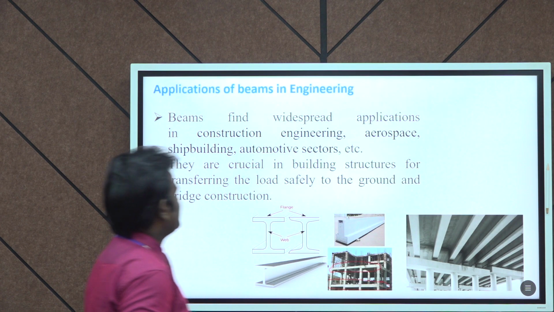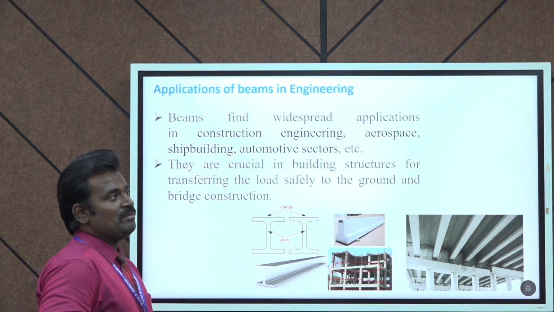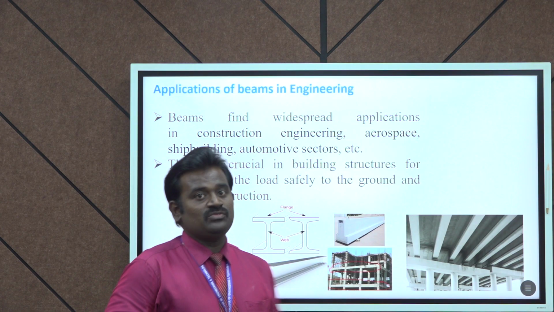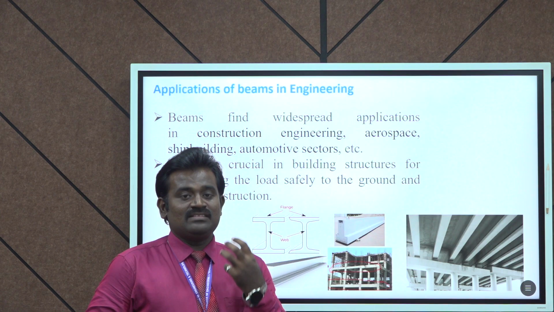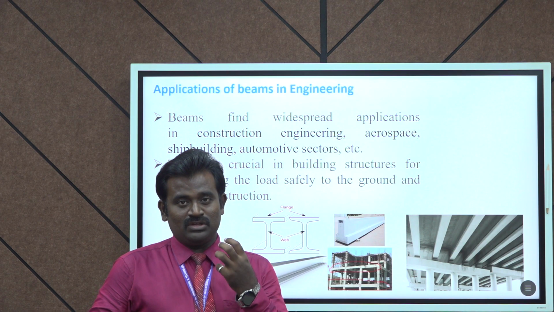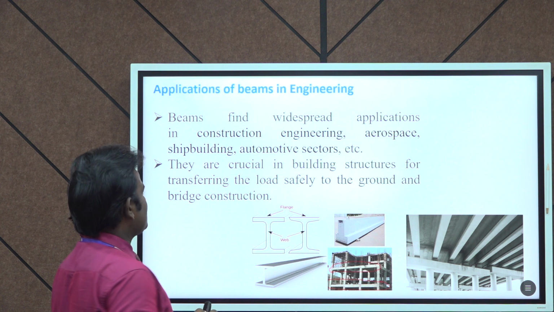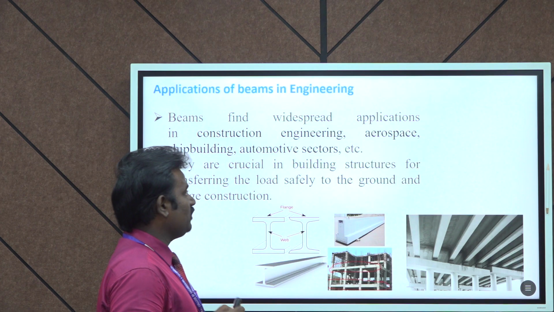So next, applications of beams in engineering. Beams are main machine components carrying the load and withstanding the load of the machine members, and they are also used in the construction field. Beams find widespread applications in construction engineering, aerospace, shipbuilding and automotive sectors.